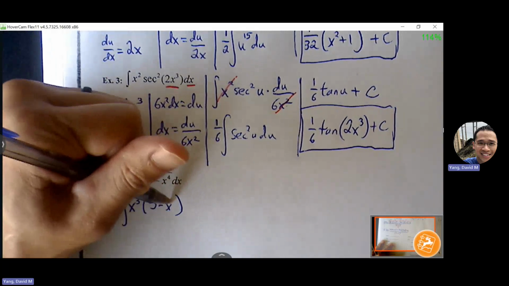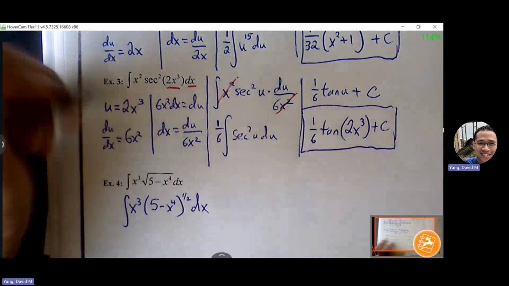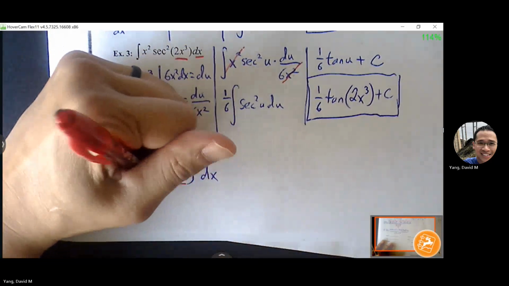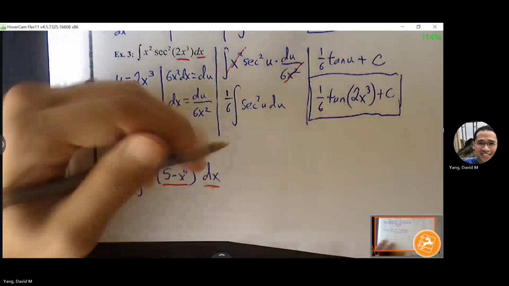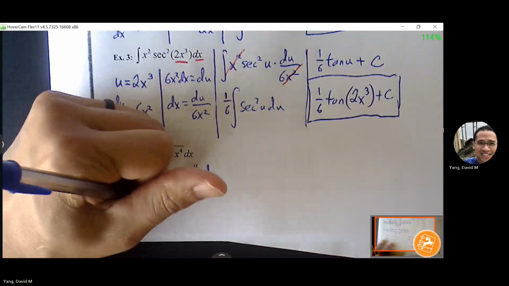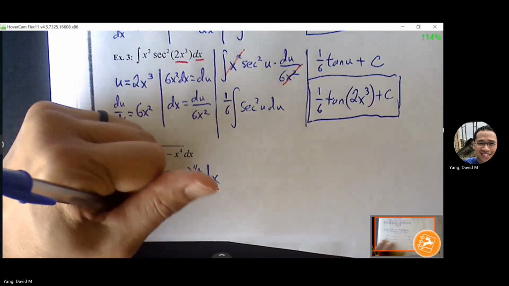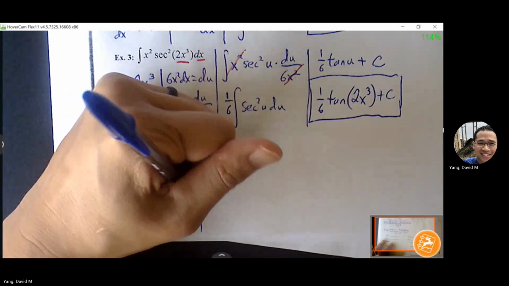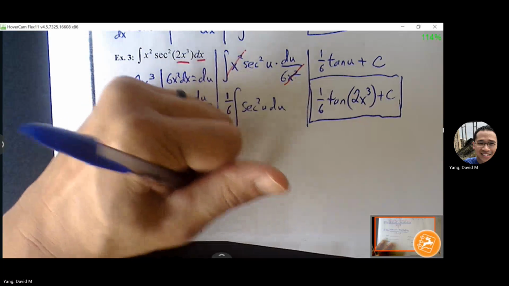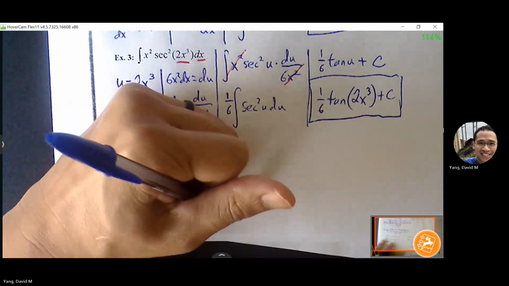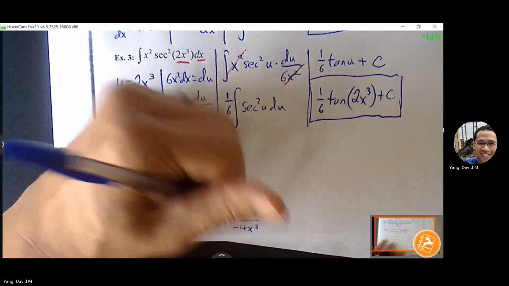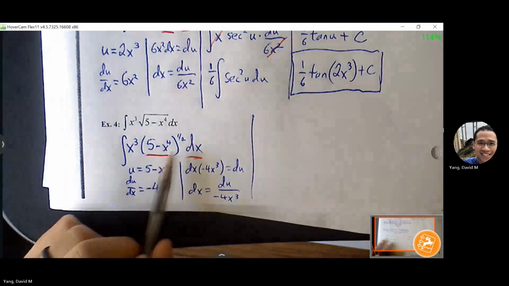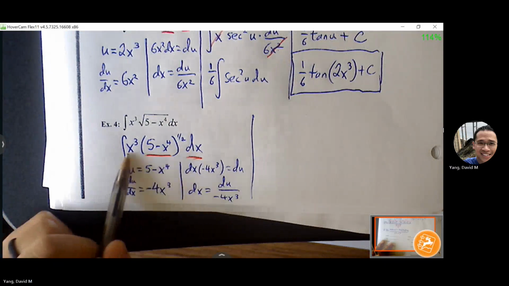So let's make it 5 minus x to the 4th, to the 1/2, dx. I'm just going to replace the parts I underlined, keep everything else.